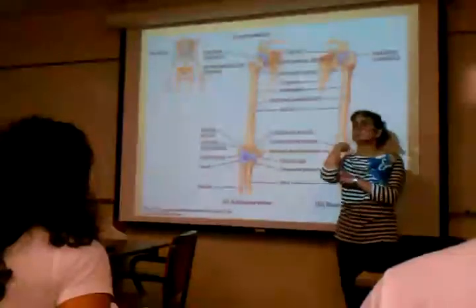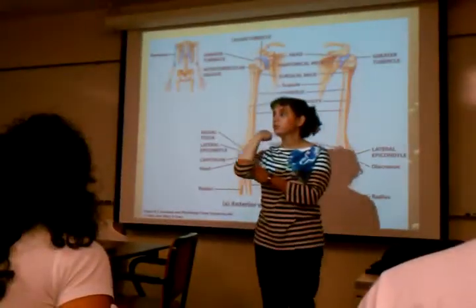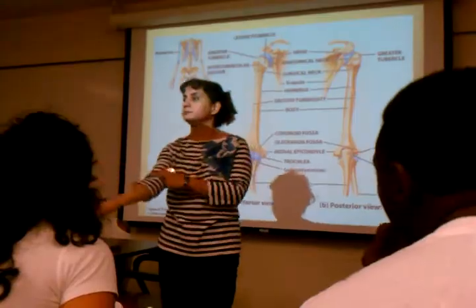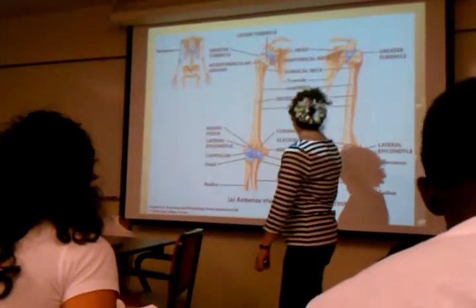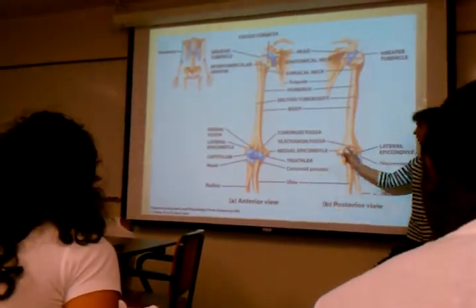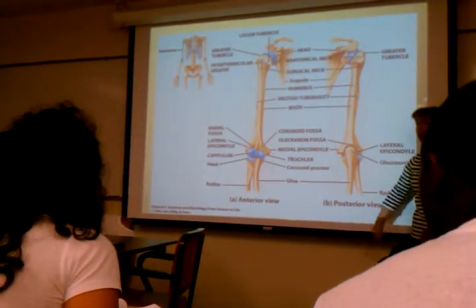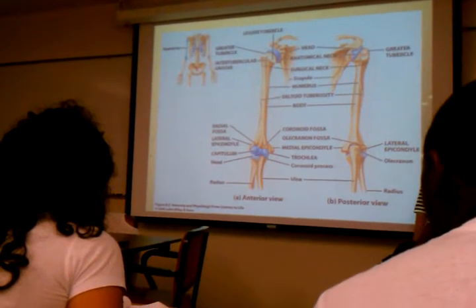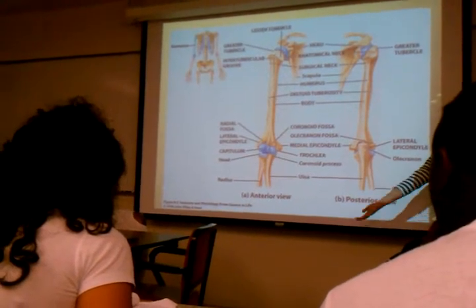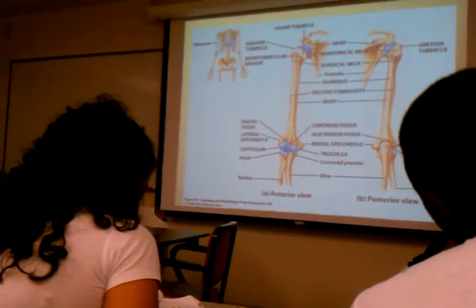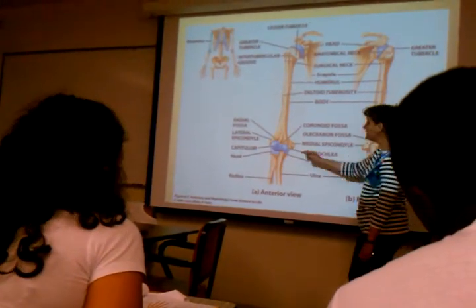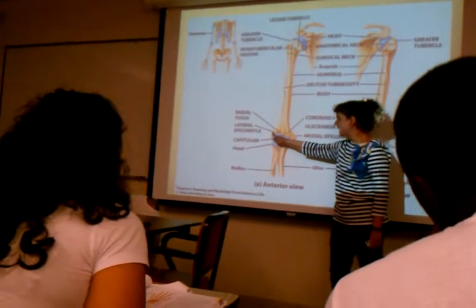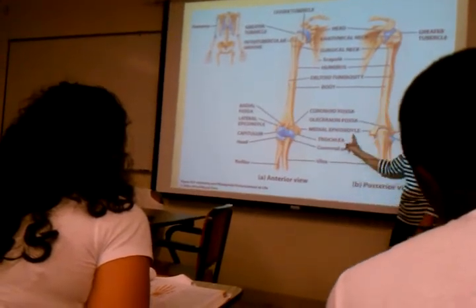It receives what? Which bone? The ulna, when you flex. This process at the posterior part of your humerus is called the olecranon fossa. It receives the olecranon of the ulna when you extend. Then these two are called the lateral and medial epicondyles.